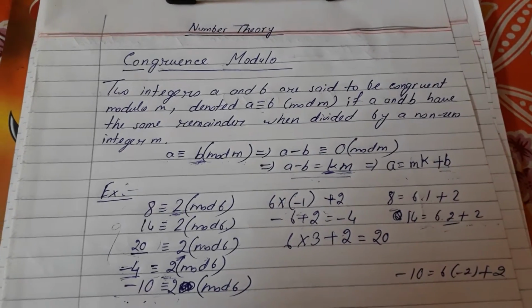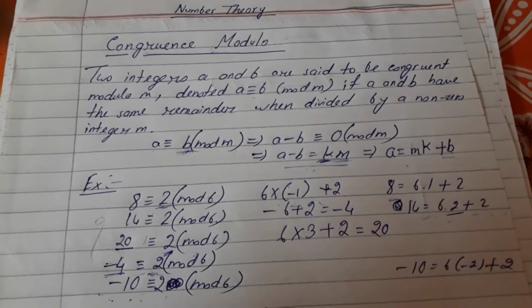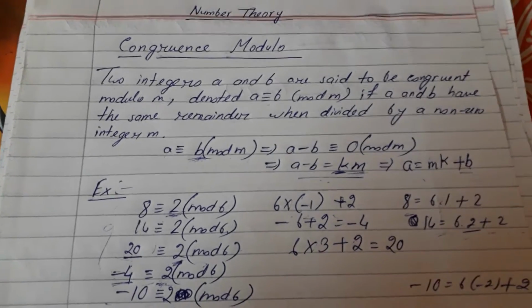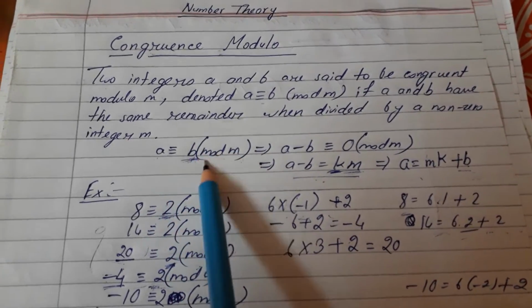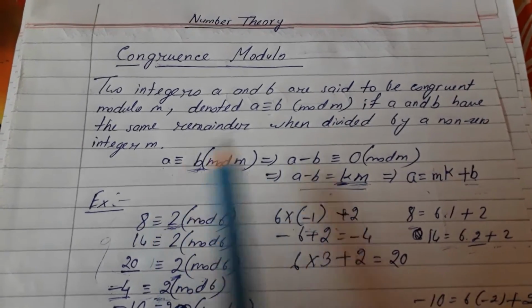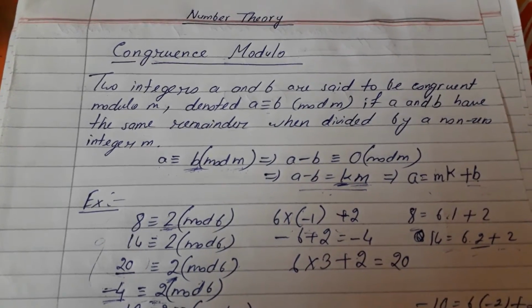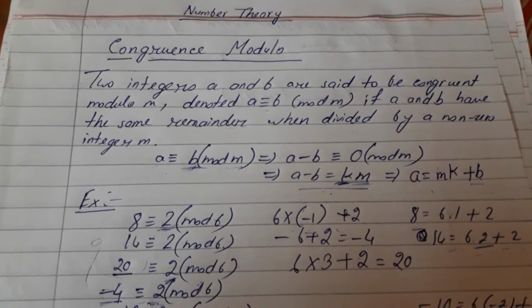So I think you have understood this concept of congruence modulo, and that this concept is very interesting. See here, A congruent B mod M, where M is the divisor and A, B are the dividends, and if you divide A and B by M, then in both cases the remainder will be the same.